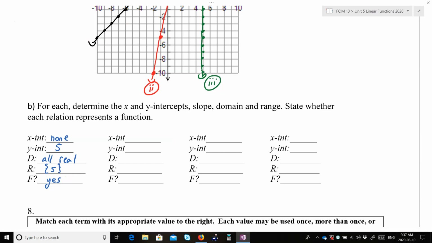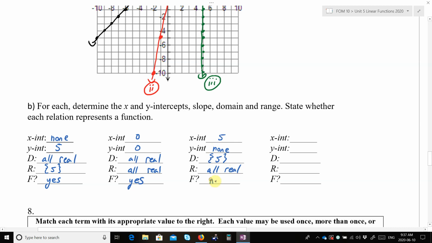Y equals 5x, the x-intercept is at 0, the y-intercept is at 0, domain is all real, range is all real, function yes. X equals 5, the x-intercept is at 5, y-intercept none, domain is just that 5, the range is all real.